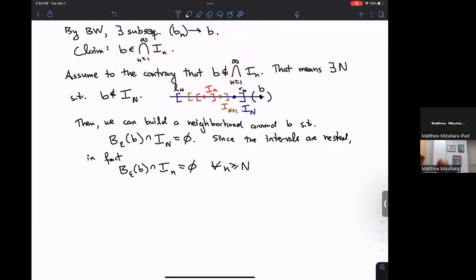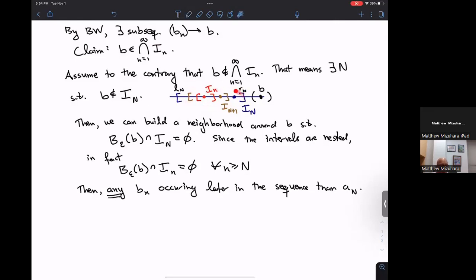So any b sub n occurring later in the sequence than a sub capital N, there's a point in the sequence where I am in this I sub capital N interval. Any b sub n in my subsequence that are happening after that point are also going to be in that interval, not in the neighborhood.